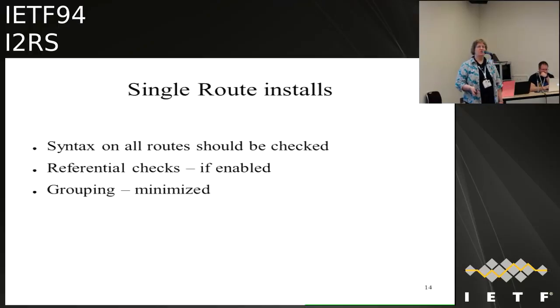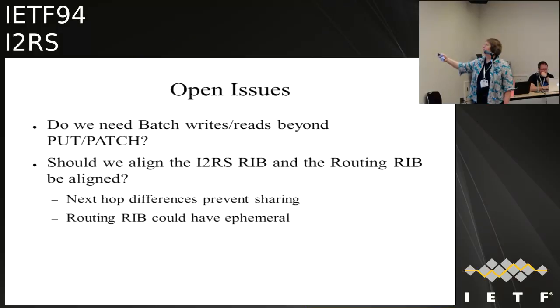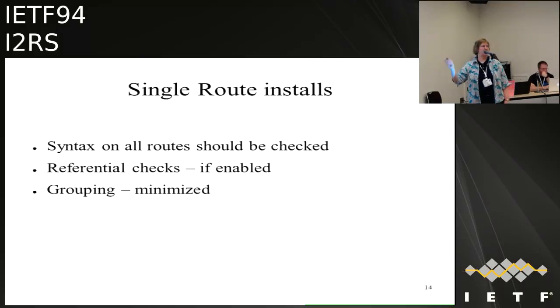With single route installs to do the referential checking, this may help the discussion. For single route installs, all the syntax on all routes should be checked. The referential checks should happen if they're enabled. We anticipate for most small route sets that the referential checks will be enabled.